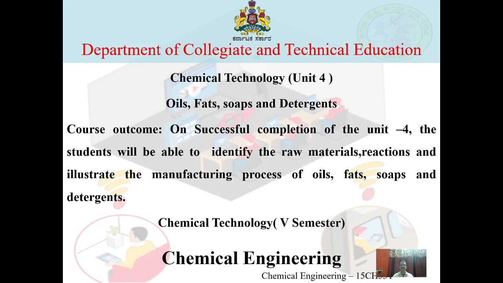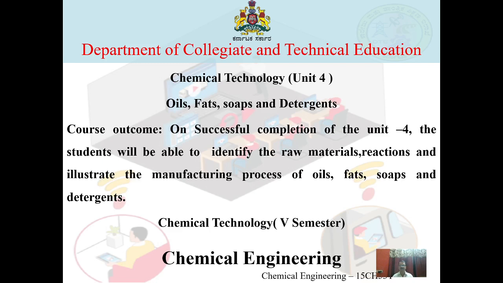We also discussed the soaps and detergents. Chemically, soaps are sodium or potassium salts of fatty acids. Here, sodium hydroxide or potassium hydroxide is used to saponify the fatty acids. On saponification, these fatty acids give soap that is called base soap.